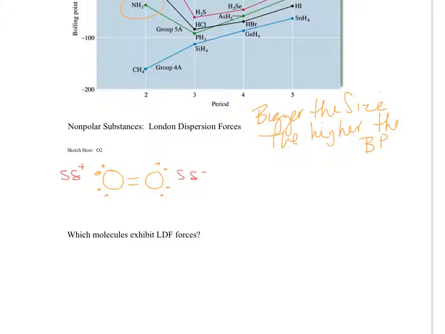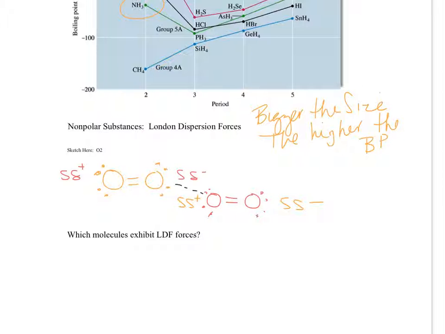And then that gets close to another molecule, in which case one side of that molecule might be slightly positive and the other slightly negative. So you wind up with this very, very weak force between the oxygen molecules.